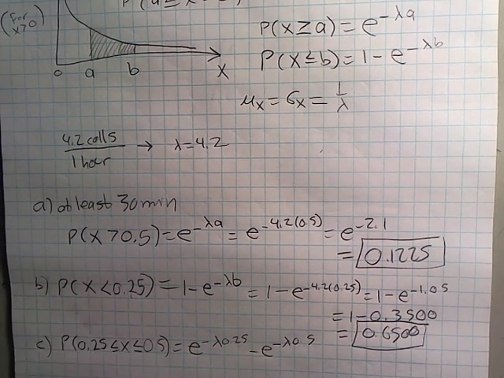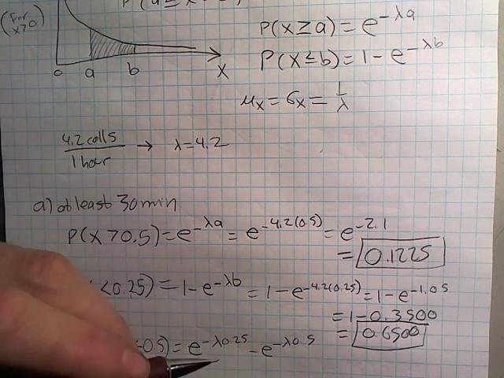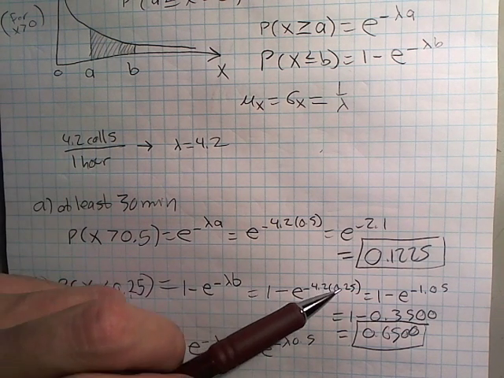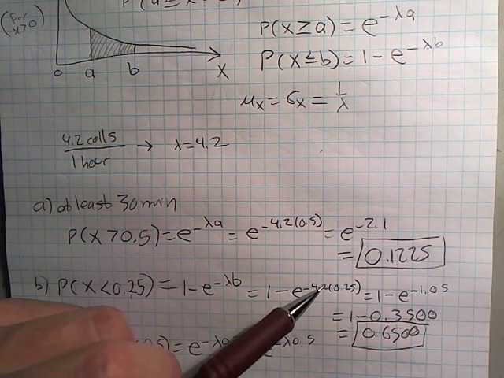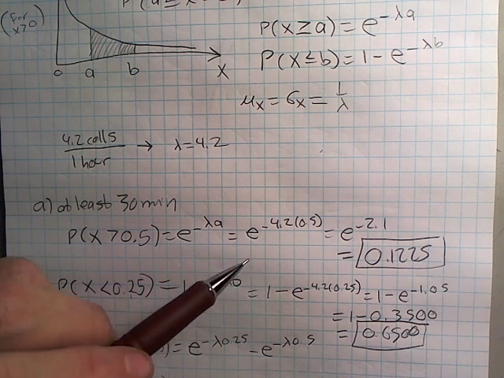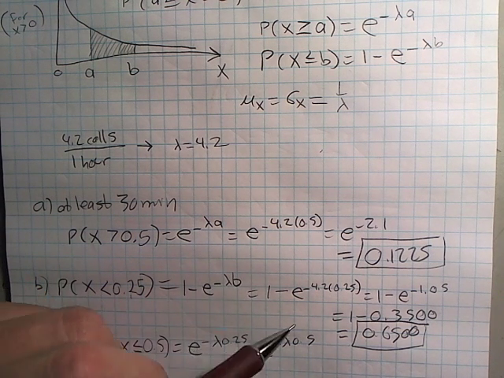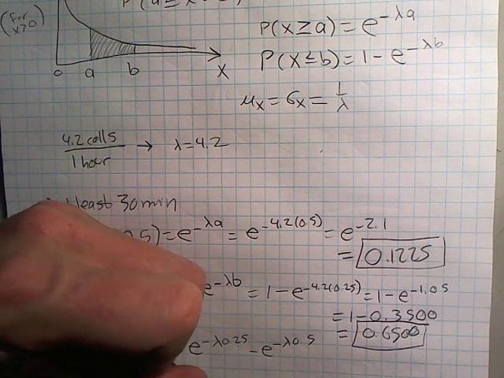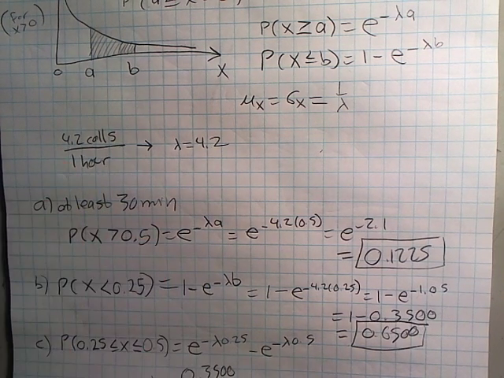If you look up at what we've already solved, e to the negative lambda times 0.25 is equal to e to the negative 1.05, which is equal to 0.3500.